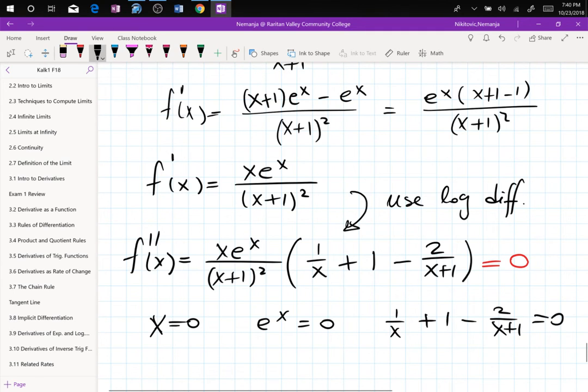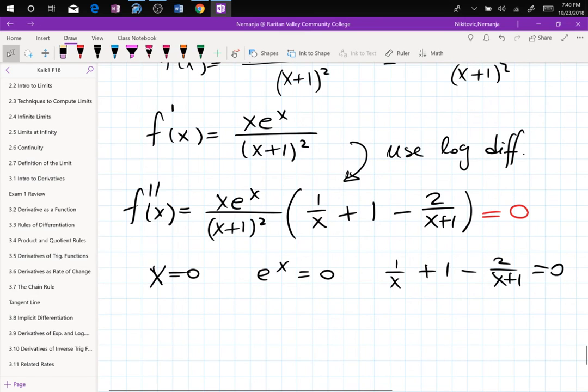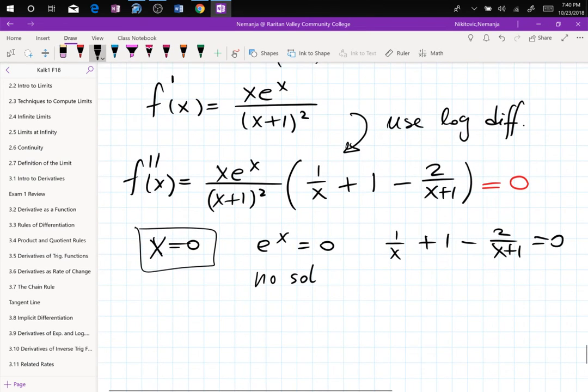So these are equations you have to solve. First one is already done. Second one has no solution because e to the x never crosses the x-axis, so it's never 0. The only one you have to work on is the last one. There are a number of ways you can work on this. I would suggest to add these two, move this one over, and then use cross multiplication.